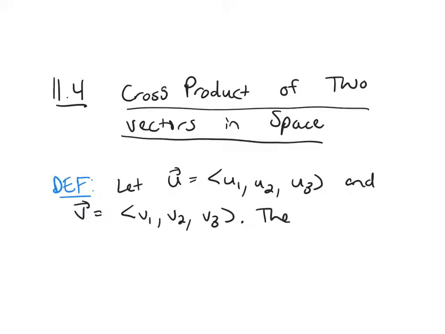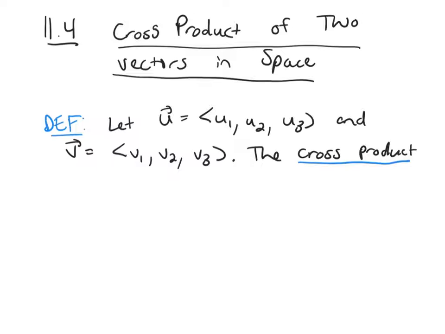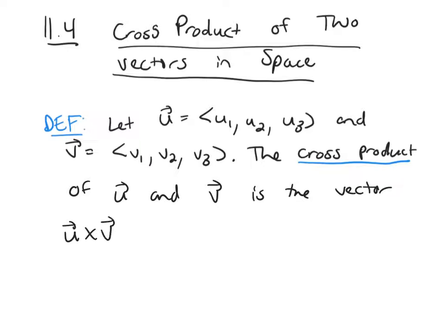And then the cross product of u and v is the vector u cross v.